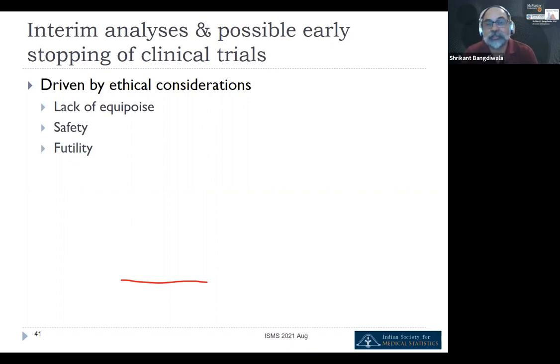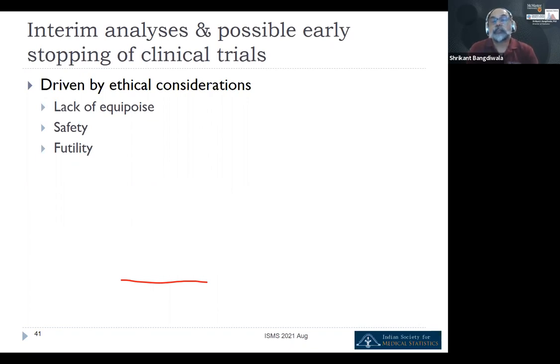Yes, we do an analysis at the end, but we are forced by ethical reasons to look at what's called interim analysis. And it could be that the reason we're driven for this is because of what we call lack of equipoise. We start the study when there's equipoise, but maybe during the study, the equipoise is gone. Once intervention is seen to be better conclusively, then why should we continue?